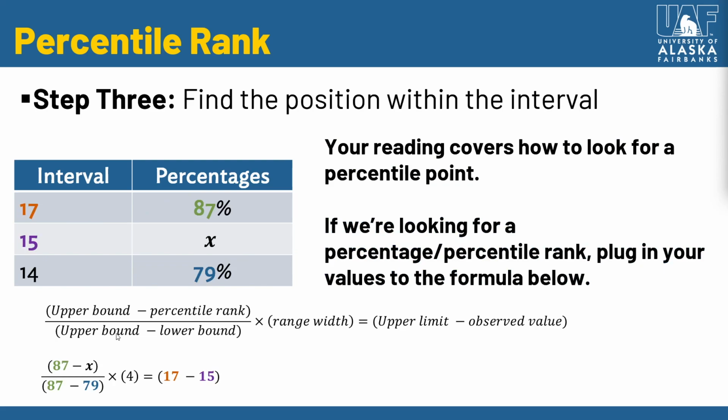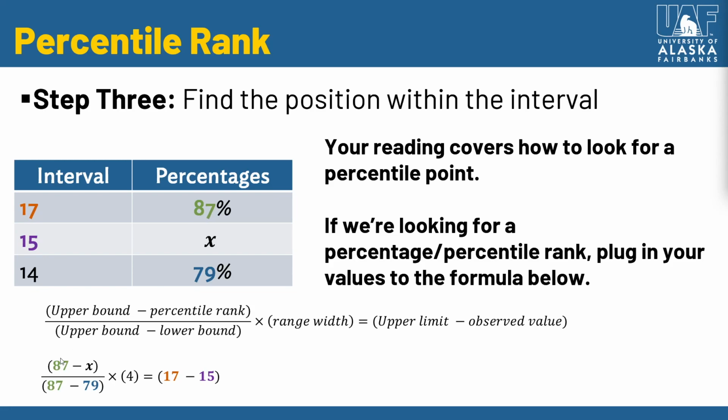We have upper bound minus percentile rank, divided by upper bound minus lower bound. X is what we're looking for, the percentile rank, so we plug that in first. This is essentially turning into an algebra problem. If algebra wasn't your fave, I apologize, but we can get through it together.